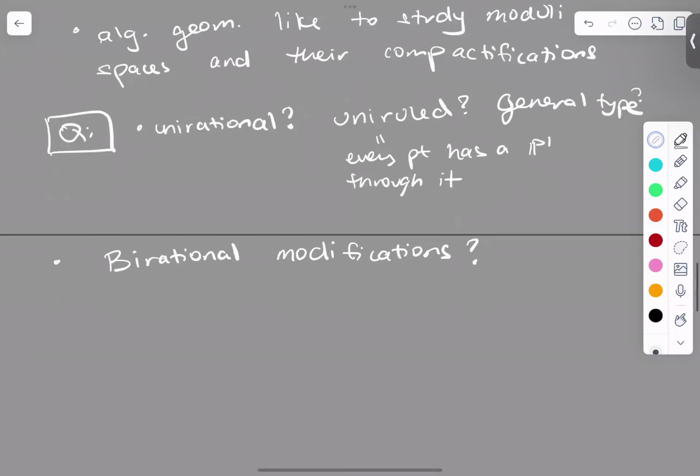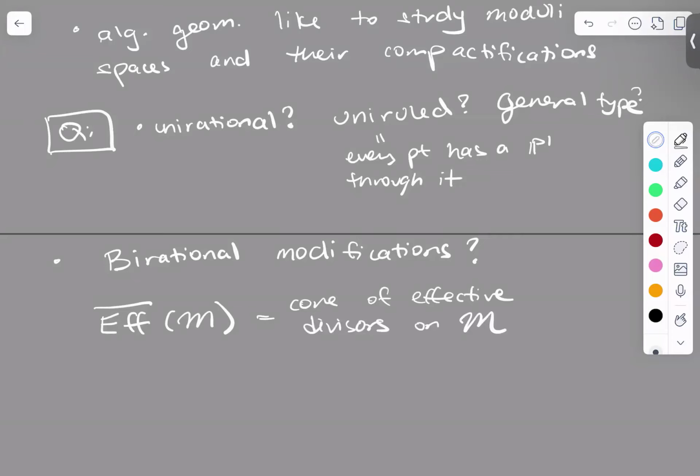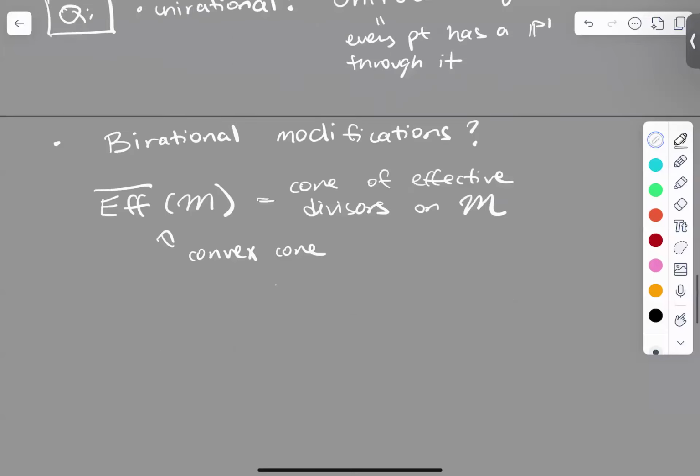One way that people study the possible birational modifications of a given variety is to study what's called the cone of effective divisors on the variety M. This is the cone given by positive linear combinations, with real or rational coefficients, of effective divisors on the variety. And this is a convex cone, right?